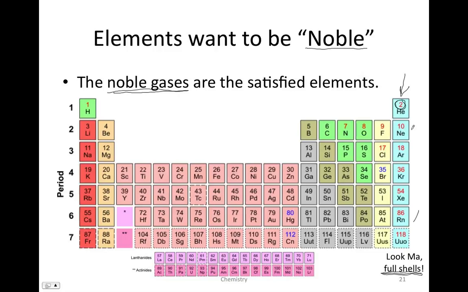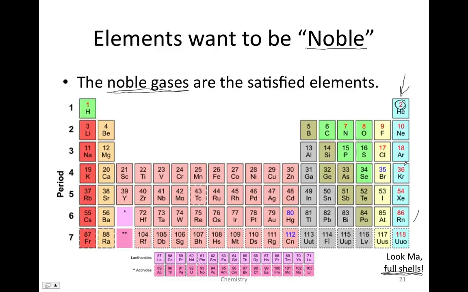That means that neon here has its shells full. The third shell also has 8, so 18 electrons means all your shells are full and you're a happy argon. Then there is 18, you can just count 1, 2, 3, 4, 5, 6, 7, 8, up to 18 electrons available in the next energy level.